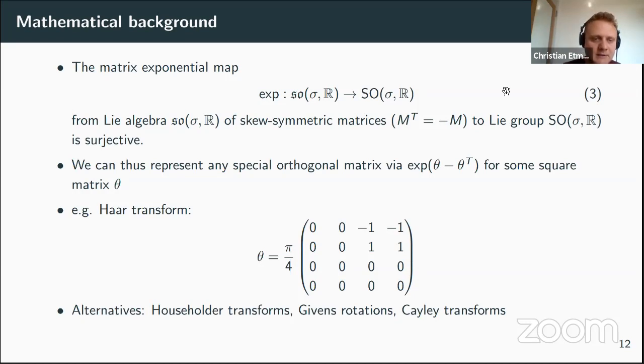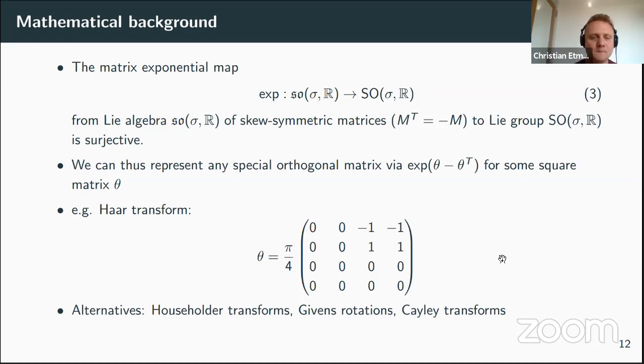So the question is now, for example, how can we represent the Haar transform that we've seen previously? This is given by this matrix, whereas any symmetric matrix, for example, would yield the pixel shuffle operation.